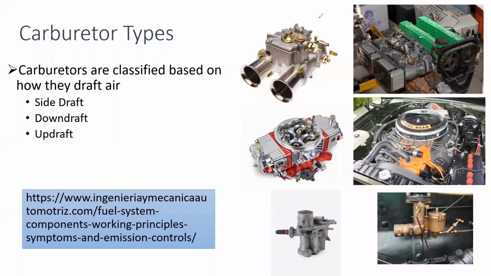The rest of the fuel will just drip down. So that's why updraft carburetors were invented. But later, side draft and downdraft carburetors were invented. Side draft carburetors are mostly used for high performance applications. The advantage is they can provide more control over each cylinder.